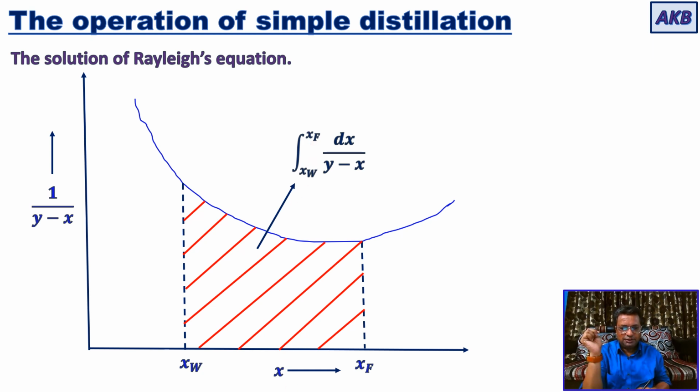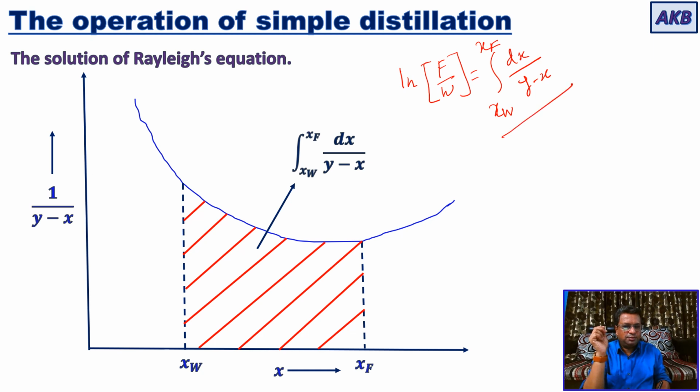So that means when you have the Rayleigh's equation, ln of F by W is equal to the integration from xw to xf dx upon y minus x.